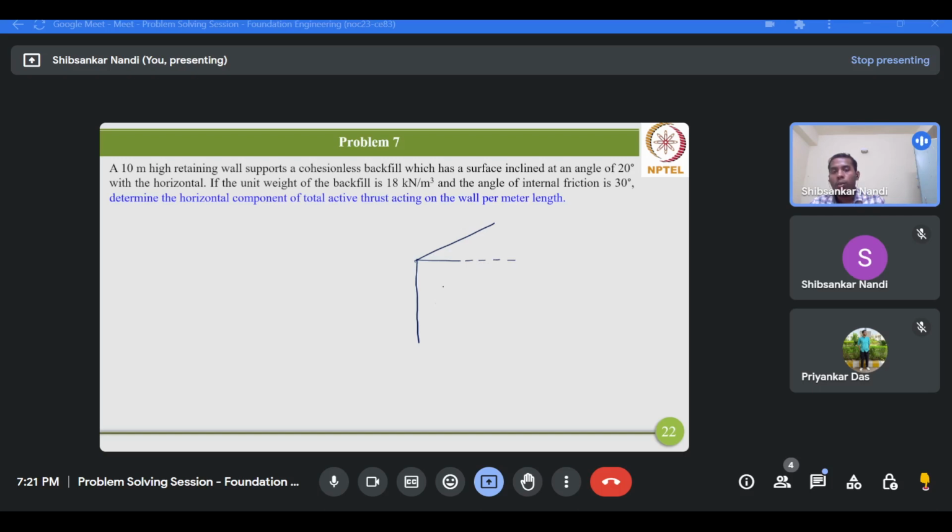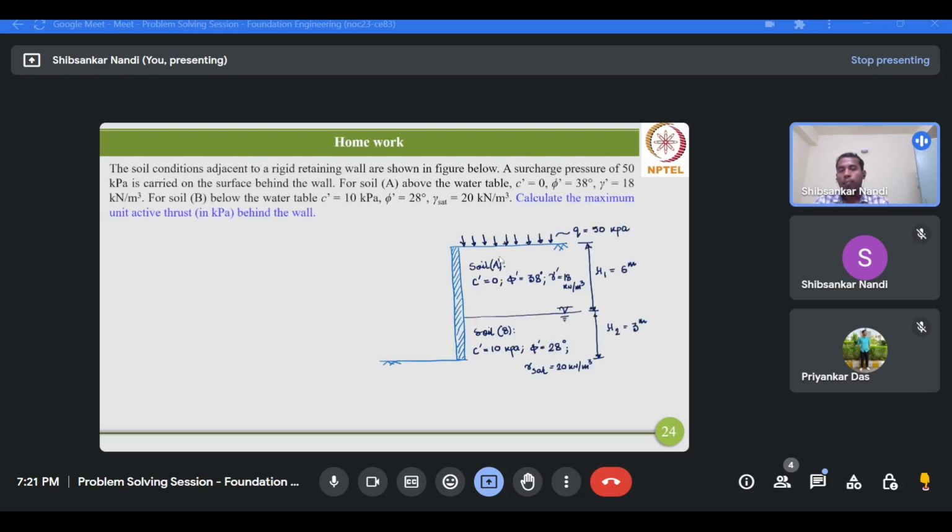However, in problem 7, we have a retaining wall with inclined backfill surface, and for that we'll determine the horizontal component of the total active thrust acting on the wall per meter length. So this is for problem 7, and this was the homework. Unfortunately, we couldn't solve all the problems which we decided for this session, so we'll also try to solve this homework problem in the next session.